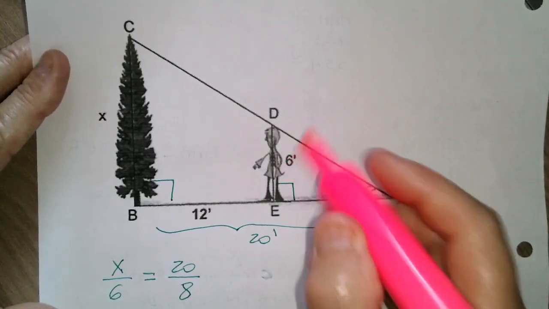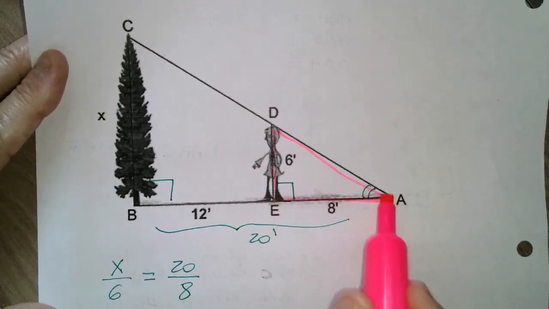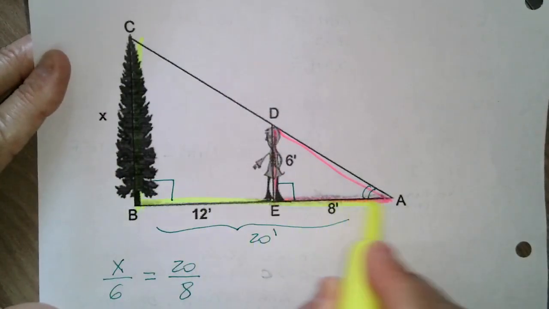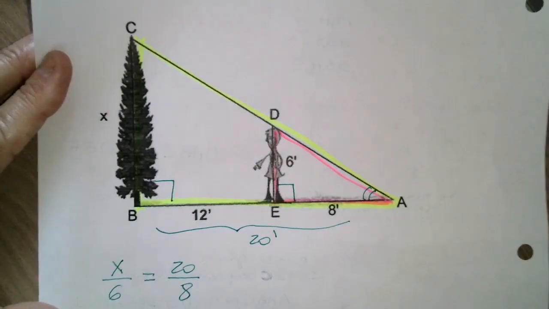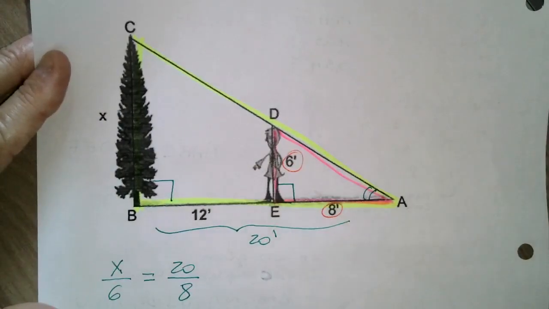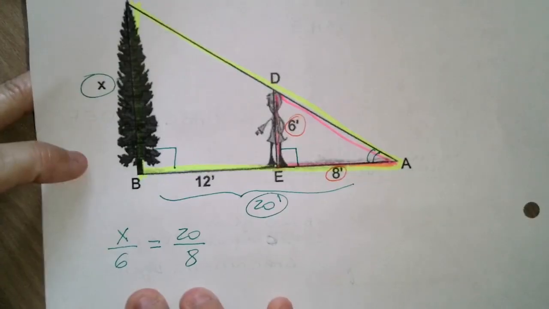I just want to emphasize here that we have this small triangle here, and we have this large triangle here. So the dimensions are 8 and 6 for the small one, and then 20 and x for the large one. So we set up a proportion.